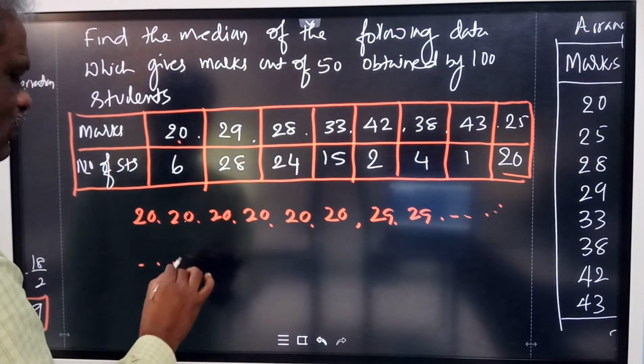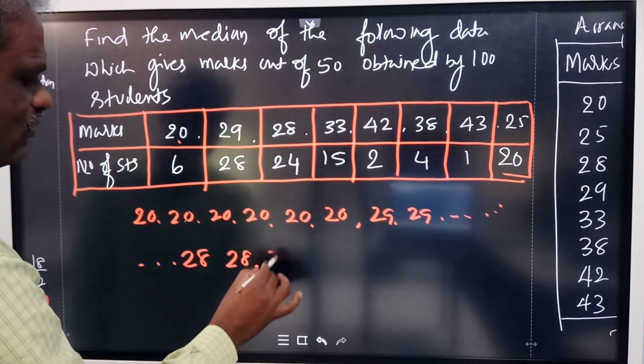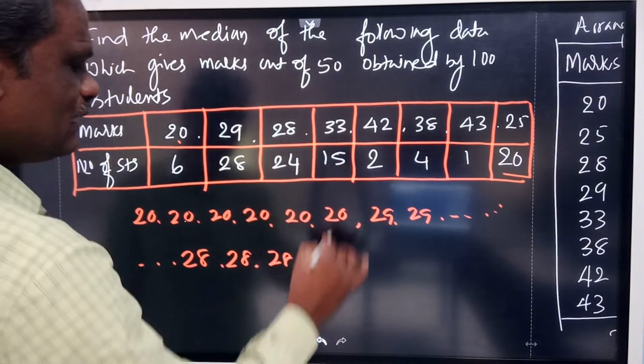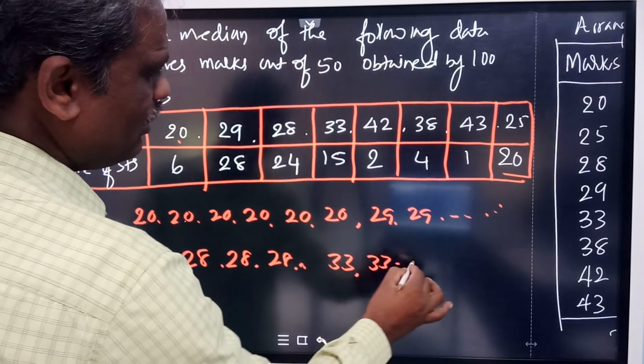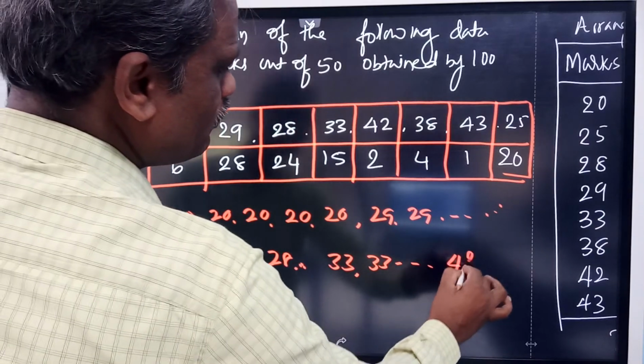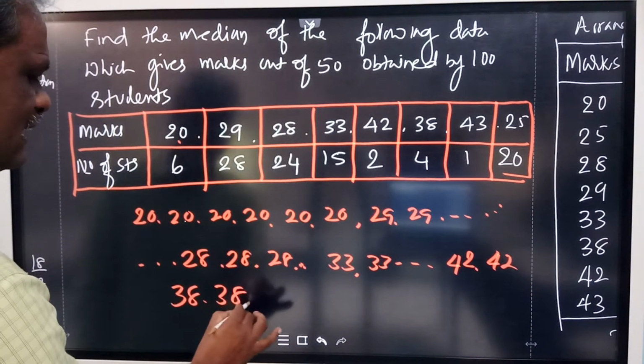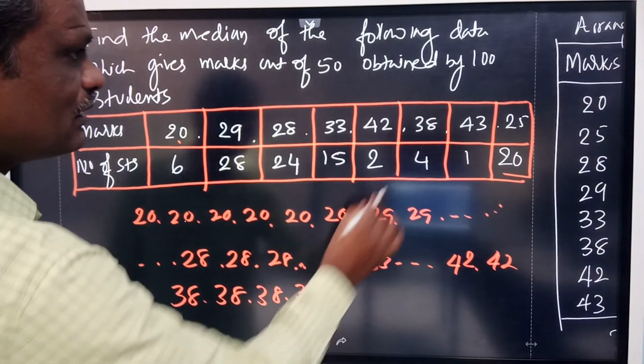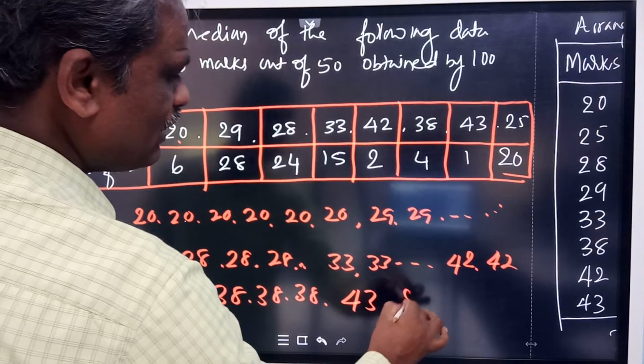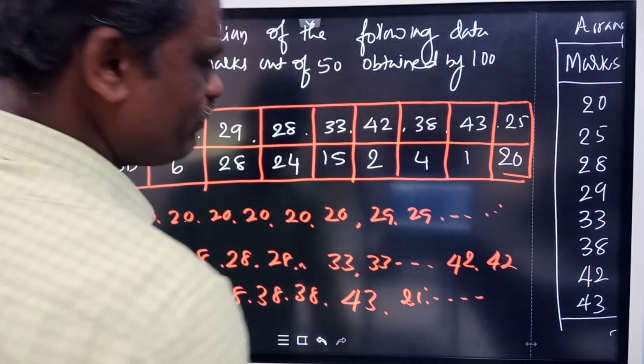Then 28, there are 24 students. Then 33, how many? 15. Then 42, 2 only. Then 38, 4. Then 43, only 1. And 25, there are 20.